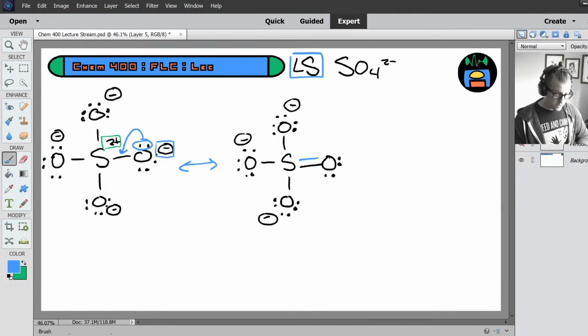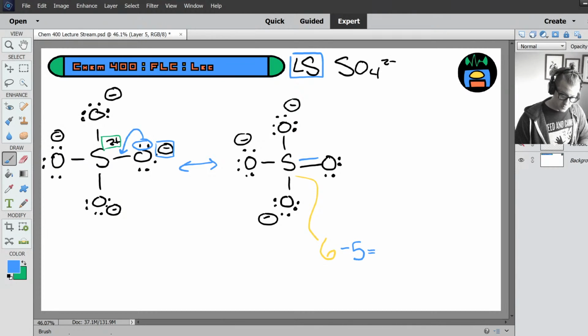All right, now looking at sulfur, it has 6 electrons when it's neutral. In this structure, it has 5 bonds and no lone pairs, so there's 1 electron per bond, leaving us with a formal charge of +1 for sulfur.